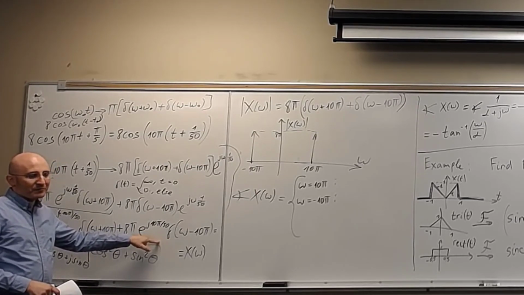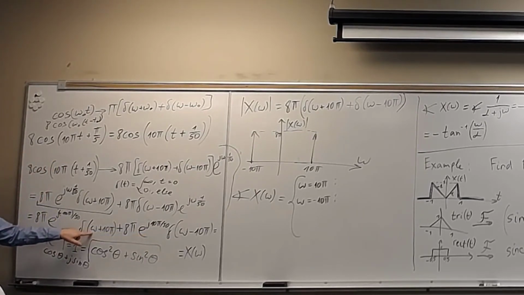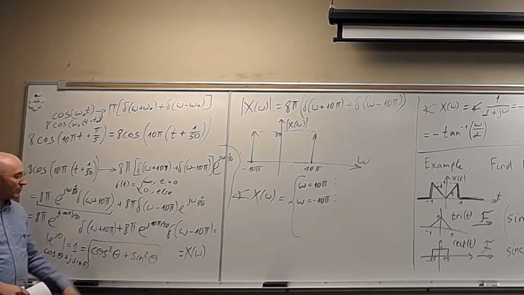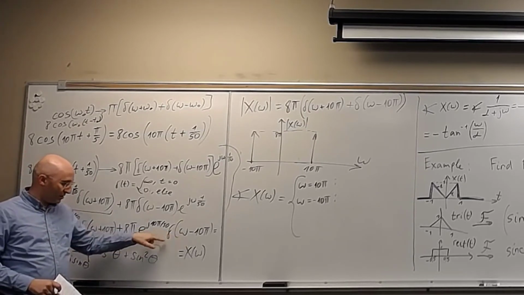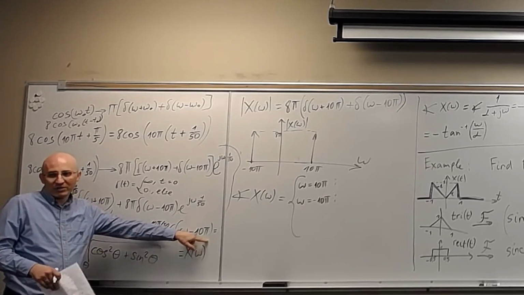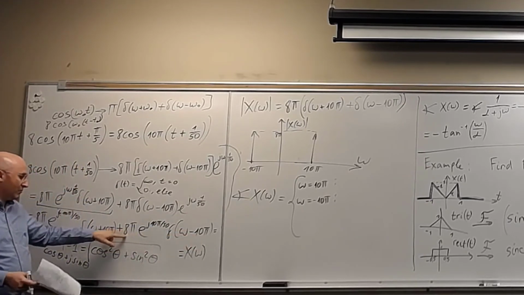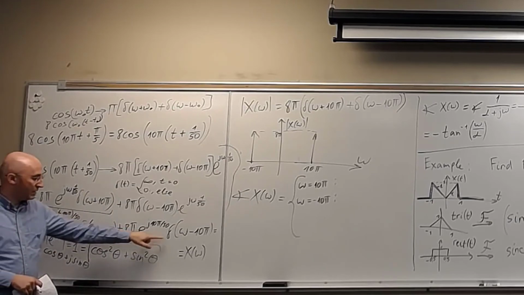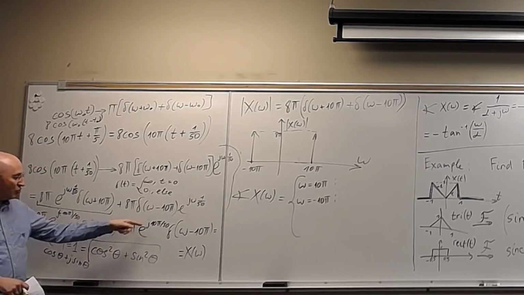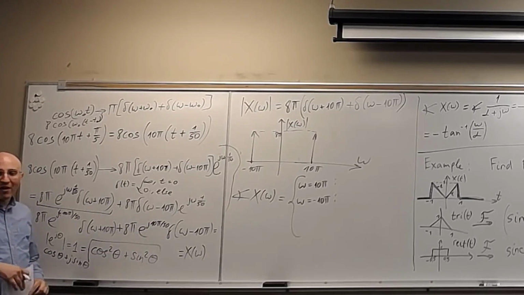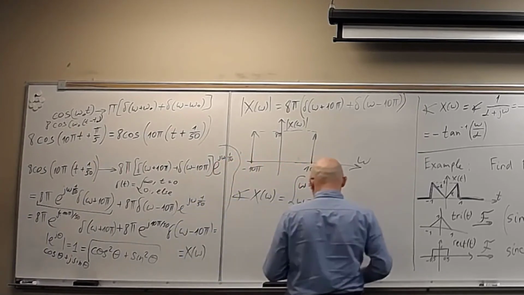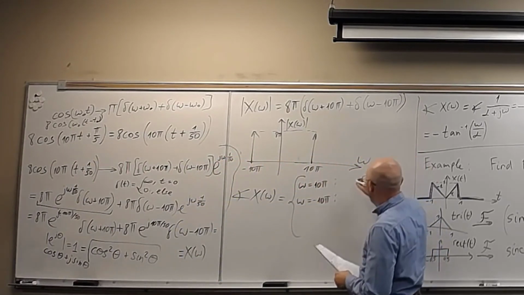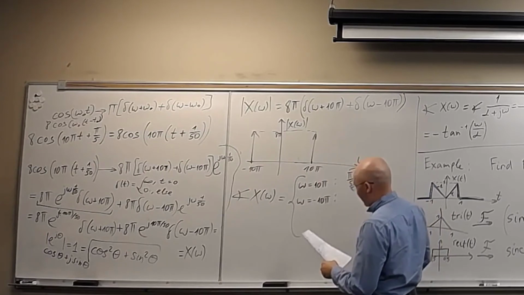Now, what happens when omega equals 10 pi? This part is 0. How about this one? It's something positive, right? Positive infinity. And this one is also some constant real number. This one is a complex number, e to the j pi over 5. So the angle will be pi over 5.